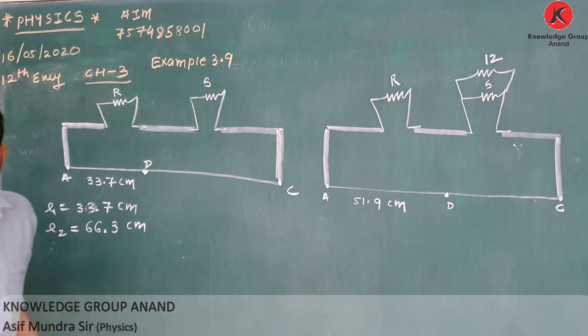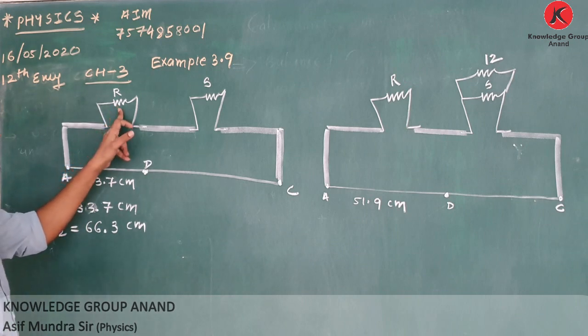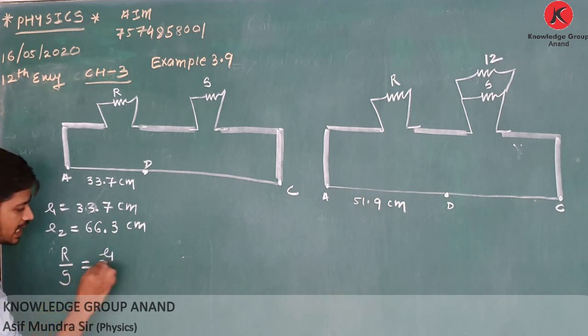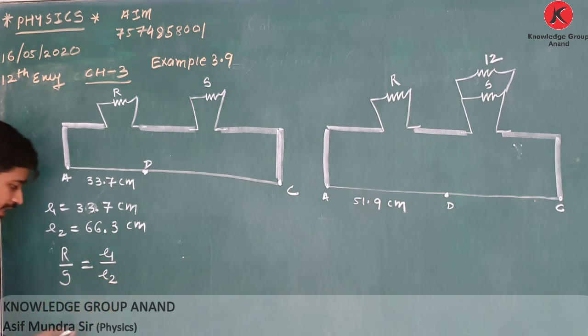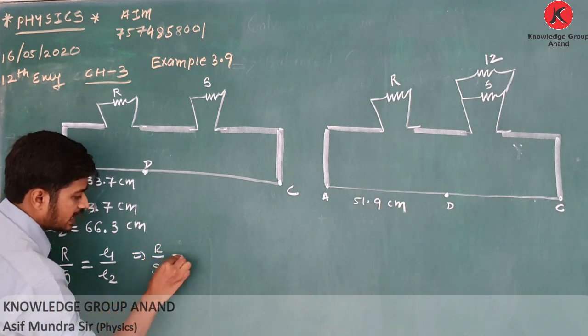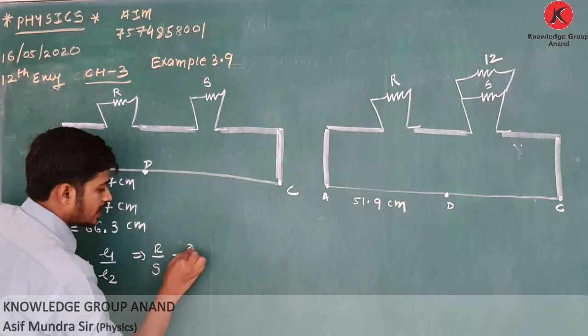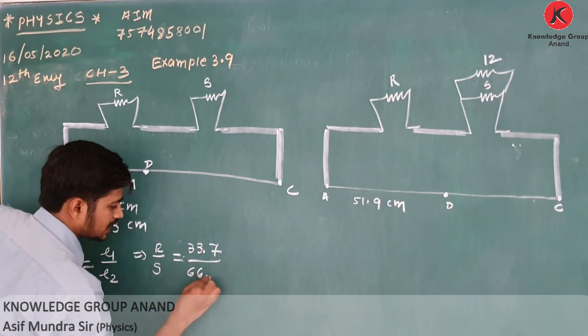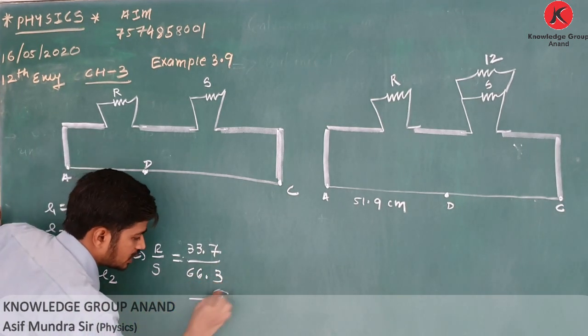Now in theory we have obtained one relation: R upon S is equal to L1 upon L2. So I can write R upon S is equal to 33.7 divided by 66.3. It is equation number 1.